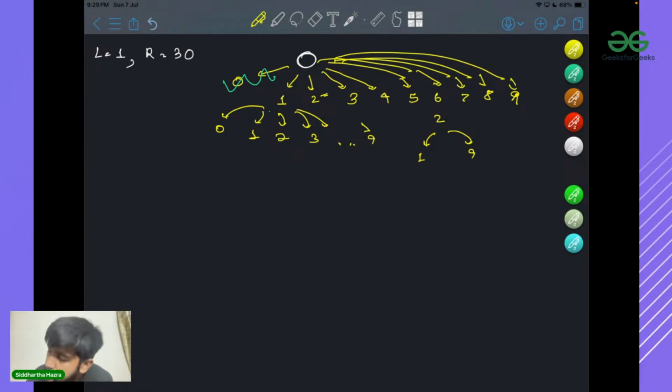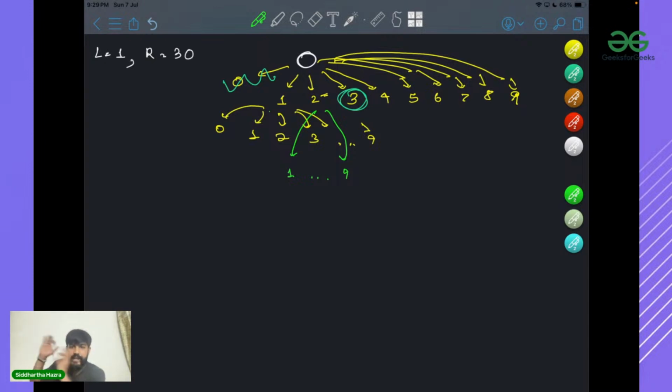Good enough. But if you observe, after 3, if I keep any value, I would draw it here itself. From 2, I can keep 1 till the value of 9.